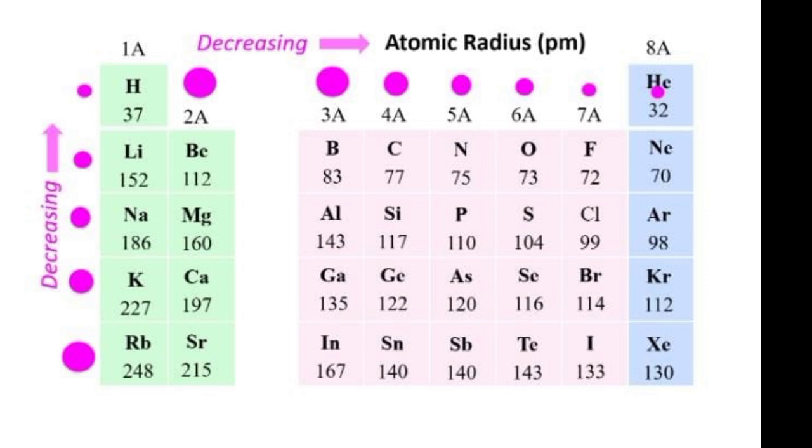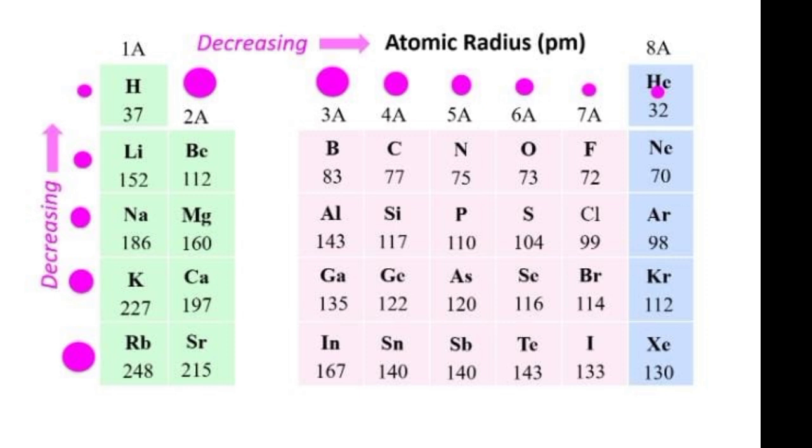Then likewise, when it comes to period number 3, when we move from sodium to magnesium to aluminium, we are moving from the left hand side, the very reactive metallic state, to the non-reactive metallic state. The basic configuration is almost the same, but the number of protons is increasing.